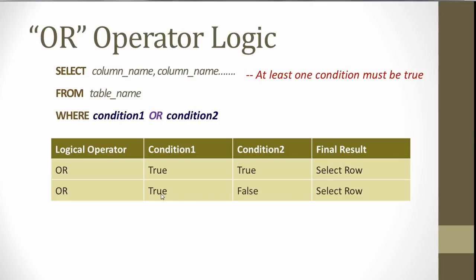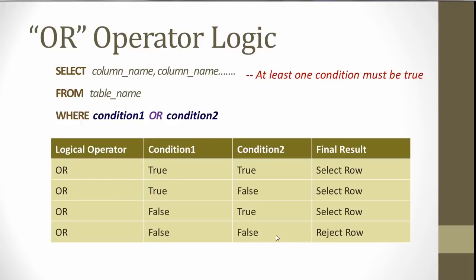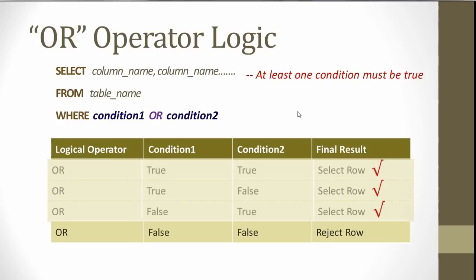Here, because condition 1 is true, at least one condition is true, so that's why we are going to select the row. Same case with condition 1 false, condition 2 as true. Now if both are false, that's when we actually reject the row selection, and our result set won't include a particular row if both the conditions are false. So that's how the OR operator works.